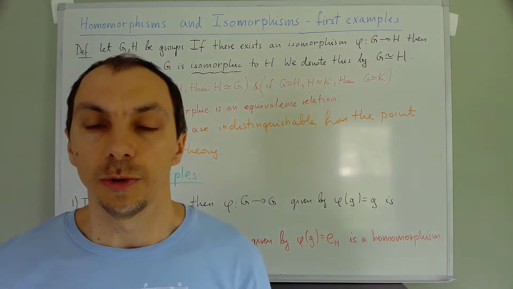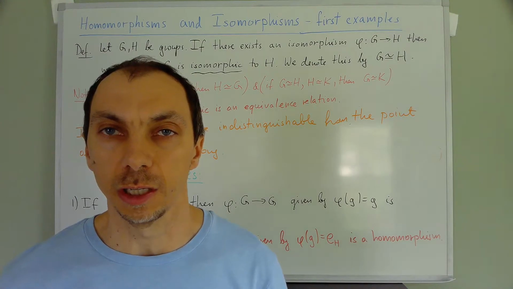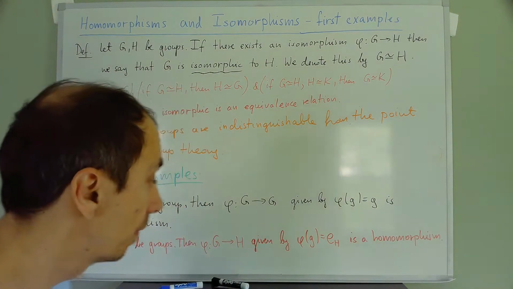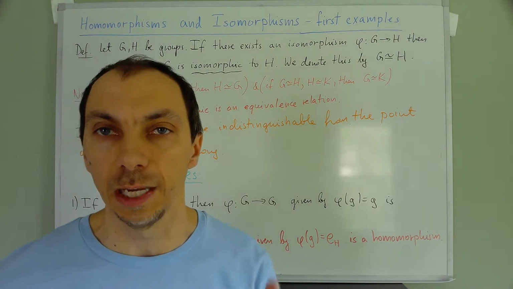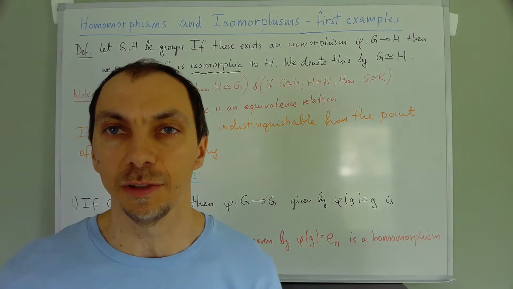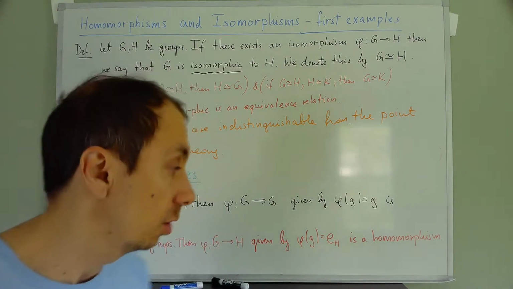It isn't an isomorphism unless the two groups just consist of one element. But given any two groups, if I ask you to find an example of a homomorphism, that one always works. You just send everything to the identity. It's like the constant function.